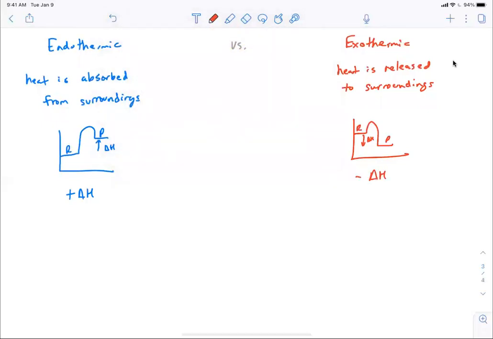This will have a negative delta H value for the overall reaction. Which then means that when you're incorporating this into an equation, you no longer need the positive and negative sign. You just need a positive sign, but the location in the reaction is where it differentiates. And so this would be A plus delta H yields B, versus A yields B plus delta H in this reaction.